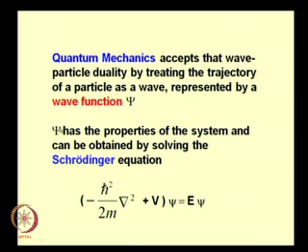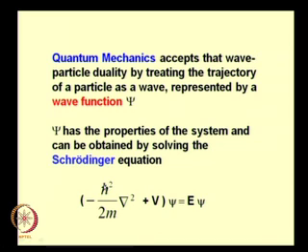Okay. Now psi, it turns out, has the properties of the system, so a particle and whatever else you want to associate with it, that entire system has all its properties encapsulated by this wave function psi, and it can be obtained by solving the Schrodinger equation, which is what is listed here. Okay. So this is minus h bar squared by 2m, this is del squared. So h bar is actually h by 2 pi, where h is Planck's constant.